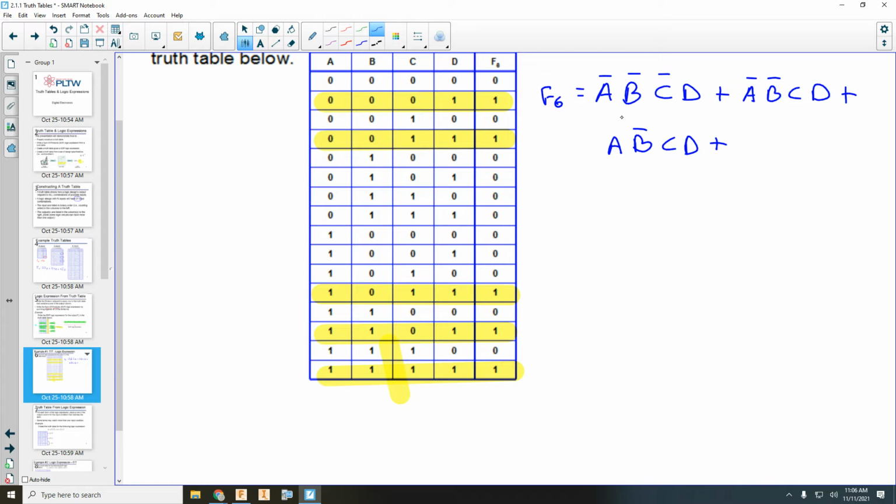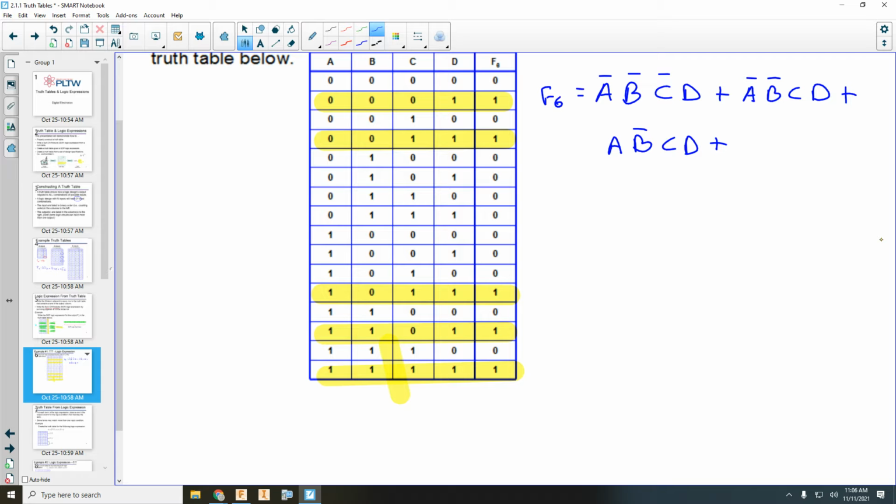You could also say it as A naught, B naught, C naught, D, instead of not A, not B, not C, not D. It just depends how you want to say it, and how you're pausing when you're saying the term out loud, to not confuse who's listening.